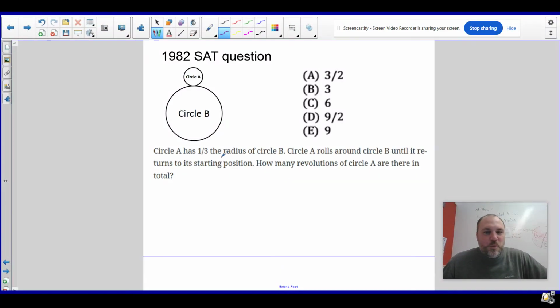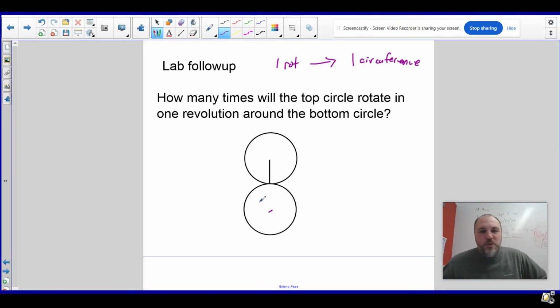If circle A is 1/3 the radius of circle B, what I'd like to write is that the radius of B is 3 times that of radius A. And when we think about rolling, and when you did the quarters back here, you may have thought, well, because it travels one circumference in one rotation, it's only going to rotate one time.